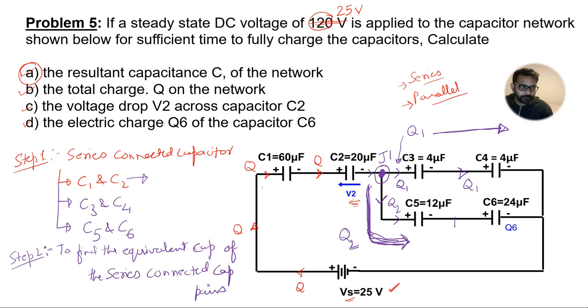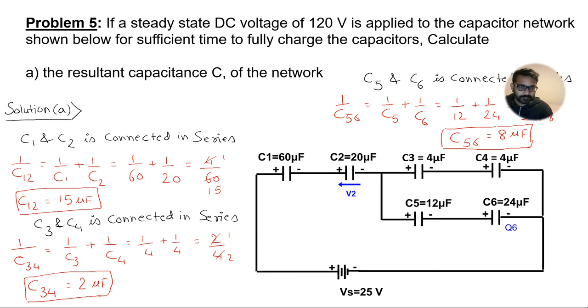I will use the formula to calculate the equivalent capacitance for C1 and C2. I'm calling it C12, okay? And the equivalent capacitance for C3 and C4, I can use the formula, it will be C34, and I'm calling this C56. Okay, so let's look at the values or the calculations.